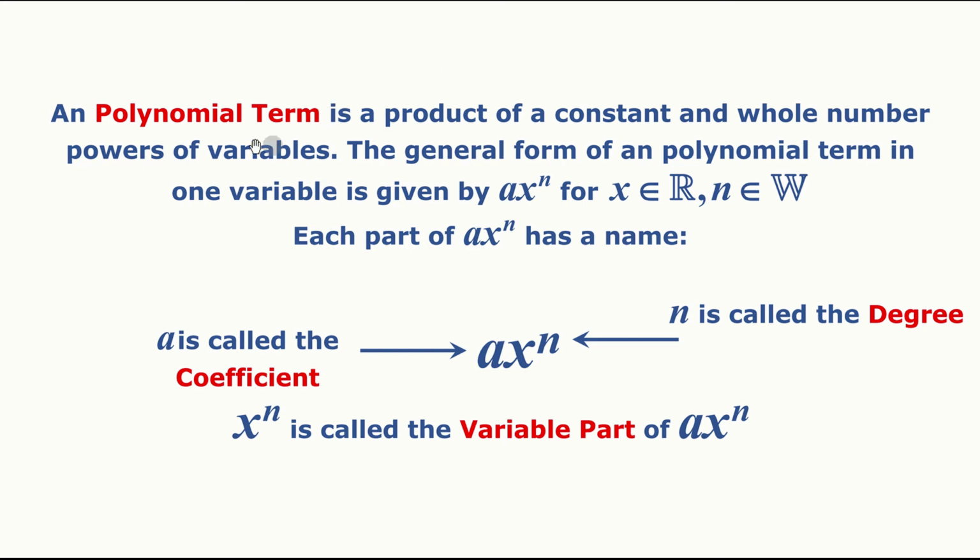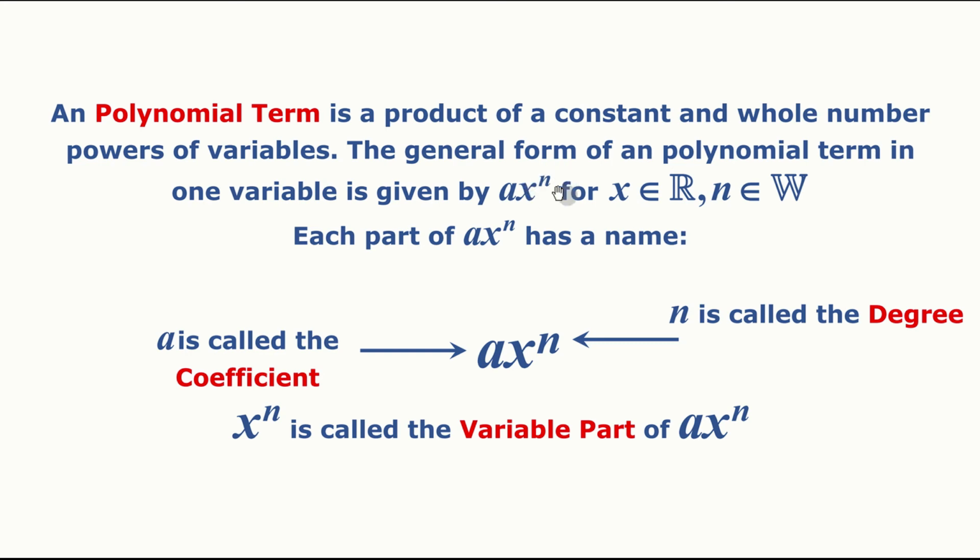So a polynomial term is a product of a constant and a whole number power of variables. The general form of a polynomial term in one variable is given by ax to the n for a real variable x belonging to R, which is the set of real numbers.